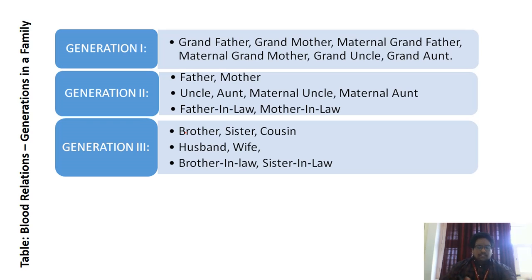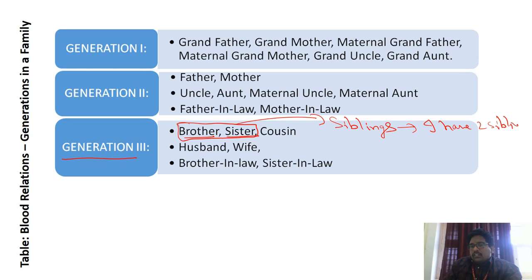Now let us see what we have in generation 3. So in generation 3, it's our generation. You have your brother, sister. As we have already discussed in the previous slides, the common term we use for this is siblings. And as I already told, sibling is not a gender specific word. If I say I have two siblings, what does it mean?